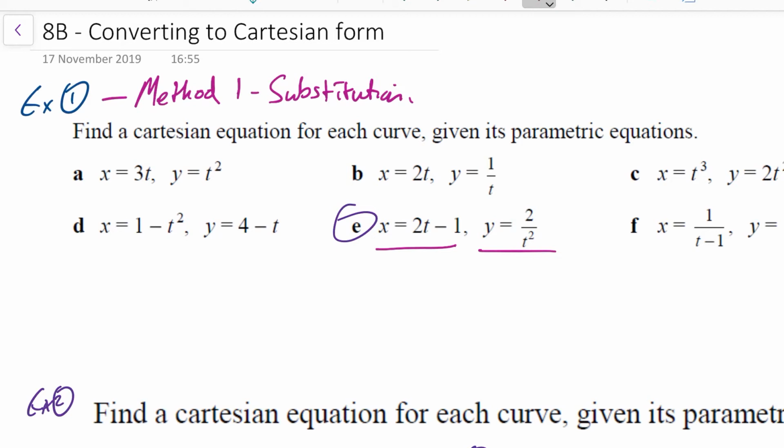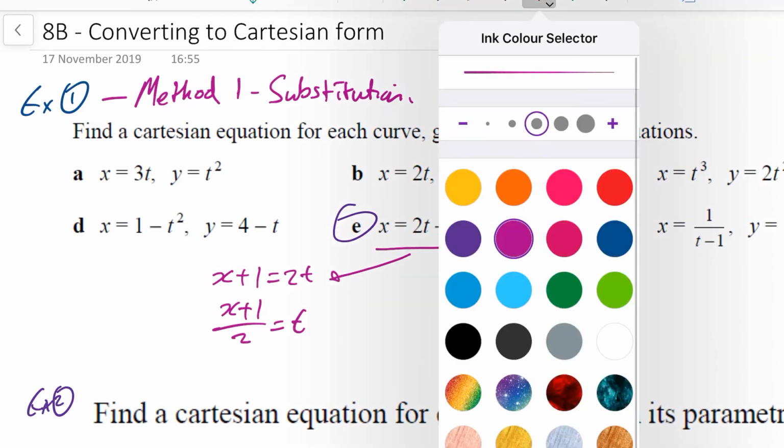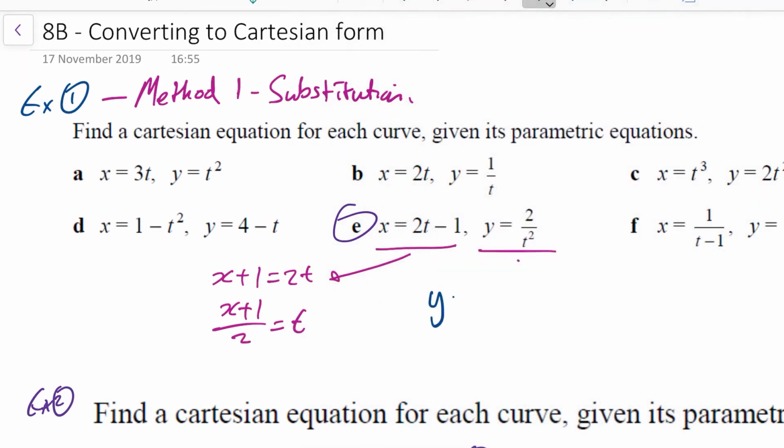Now, to do that on the right-hand one would involve creating a square root, and that's generally not going to be the best idea. So we are going to take this one and we are going to add 1 to both sides and then divide by 2, and this gives us t equals x plus 1 over 2. We are then going to substitute it into this other side here, so y equals 2 divided by t squared, but that is x plus 1 over 2 squared.